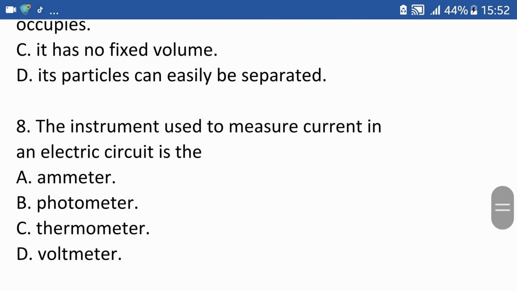Eight, the instrument used to measure current in an electric circuit is.